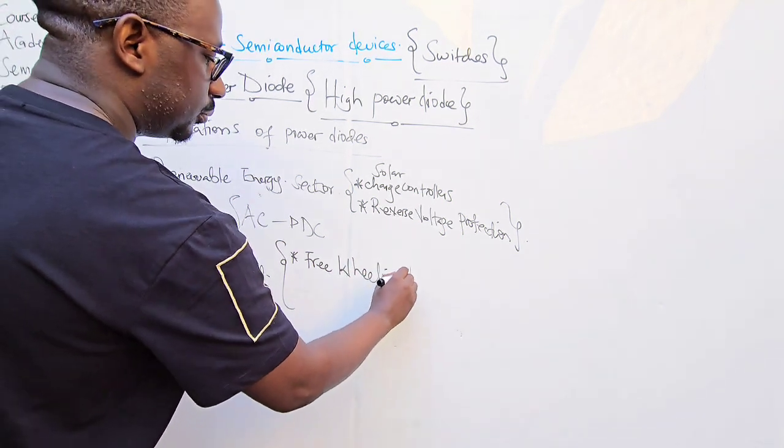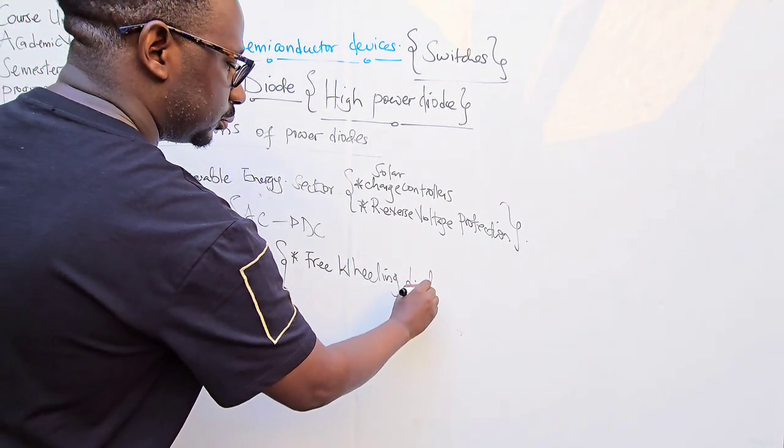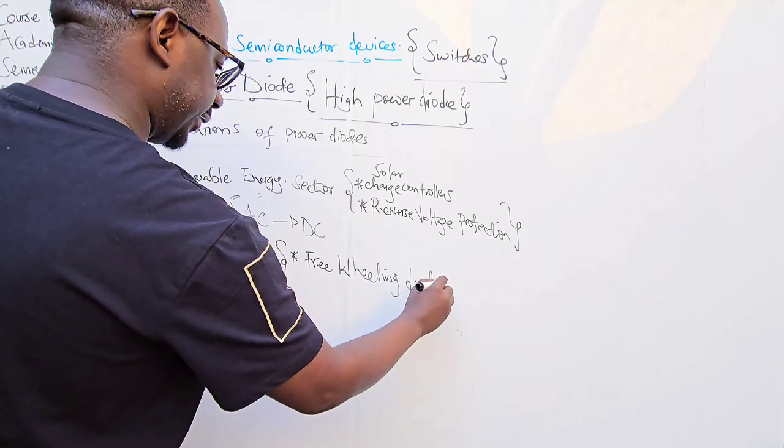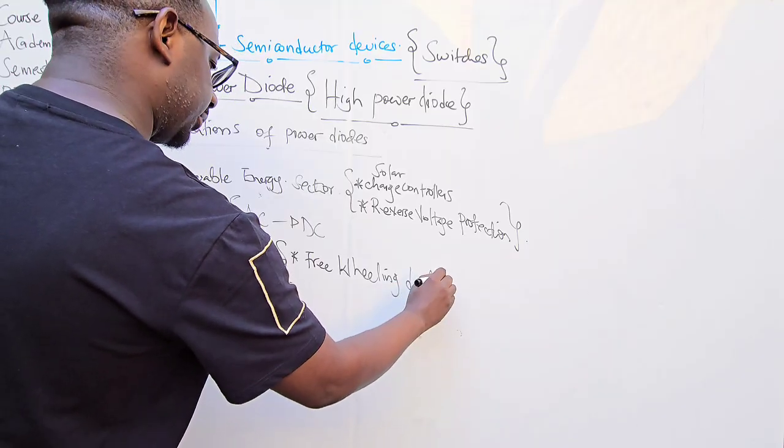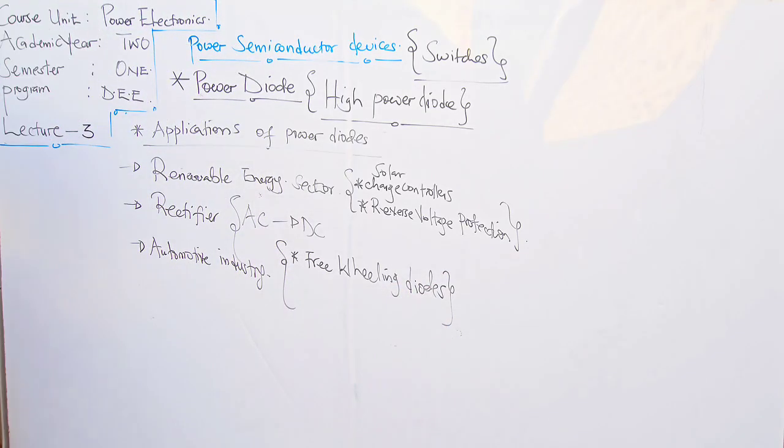We could use them as freewheeling diodes in the automotive industry. Motors, because in the automotive industry we have motors for wipers and so on. These devices need freewheeling circuits.